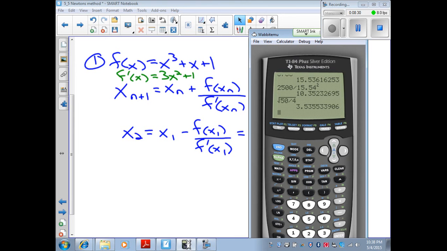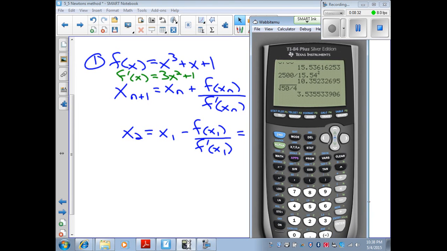So that's going to be negative 1 minus brackets f of x1, that is brackets negative 1 cubed plus negative 1 plus 1, all divided by f prime at negative 1.